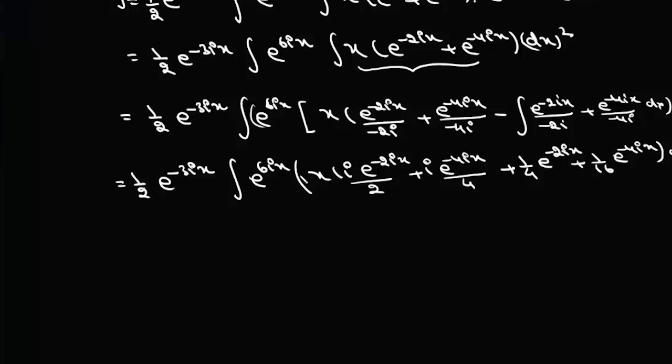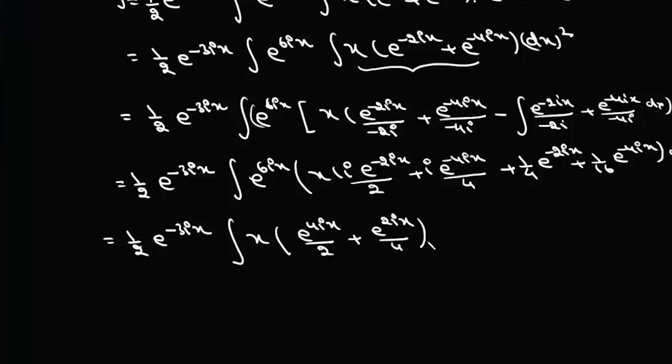Now we'll multiply e to the power 6ix inside. So it will be this 1 by 2 e to the power minus 3ix, and here will be this x into e to the power 4ix upon 2 plus e to the power 2ix upon 4 into i, and plus 1 by 4 e to the power 4ix plus 1 by 16 e to the power 2ix into dx.